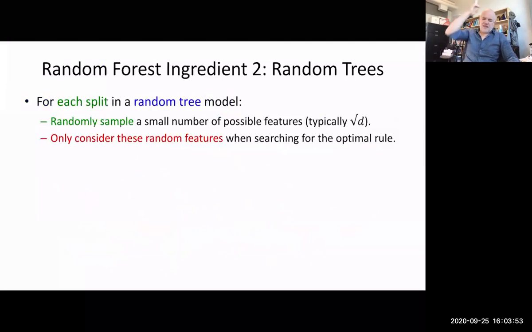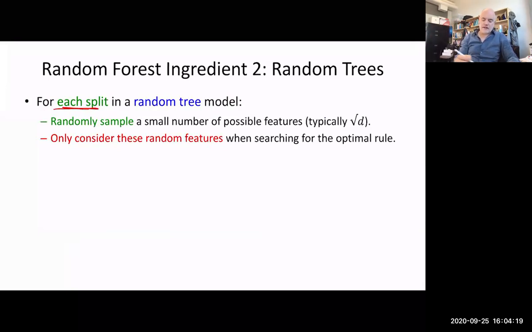So there is one more way to enhance the randomization of the learned trees, or rather make the trees' errors more independent. And that is, while training each individual random tree, and this is a critical part, for each split, what you can do is actively not consider some subset of the features.